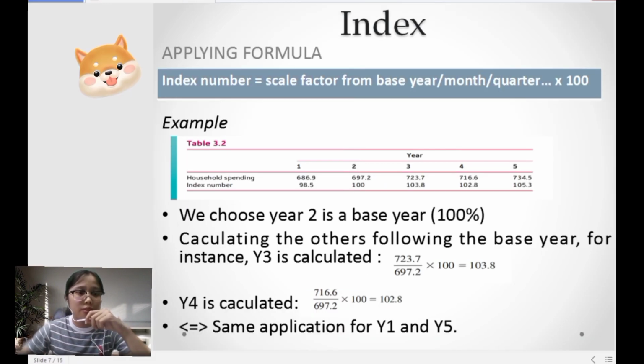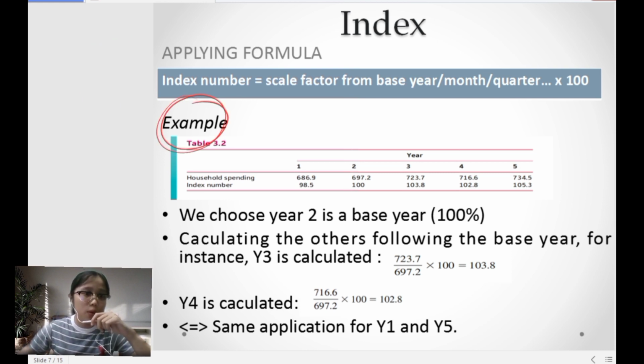This is a very simple formula: index number equals the scale factor from the base year, or base month, or base quarter, multiplied by 100. In the same example, we choose year 2 as the base year, which is 100%, and then we calculate the others following the base year.